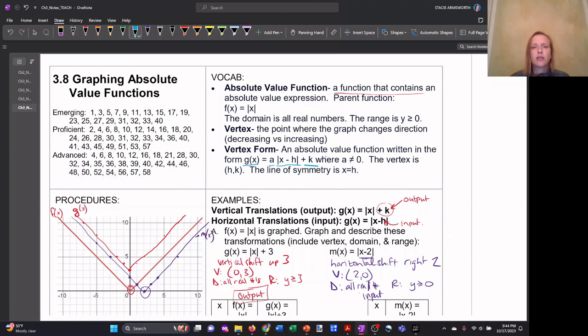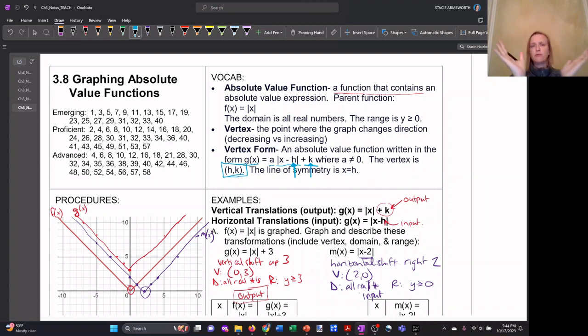Vertex form is extremely convenient because the vertex can be written in the form h, k. That is, whatever your subtracted value is inside the absolute value becomes your x value, and k becomes the y value of your vertex point.